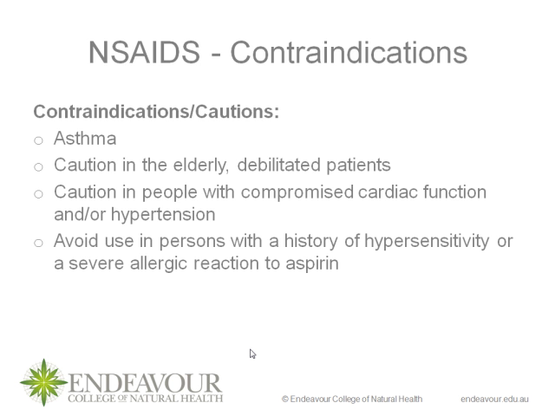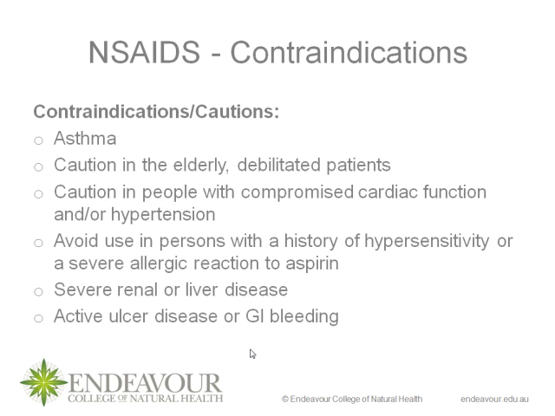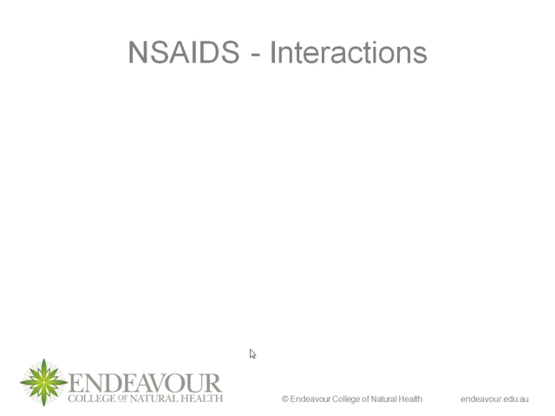Once again, a caution: avoid the use in people who are hypersensitive or have a severe allergic reaction to aspirin. Contraindicated in severe renal disease or severe liver disease. Contraindicated in people with an ulcer or gastrointestinal tract bleeding.